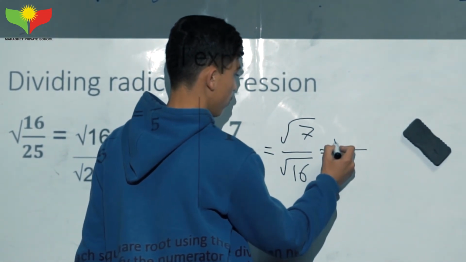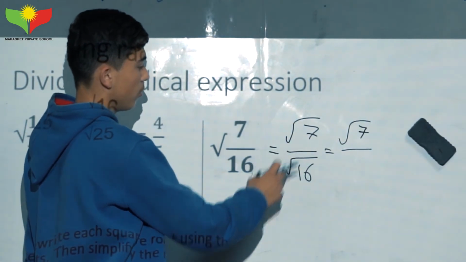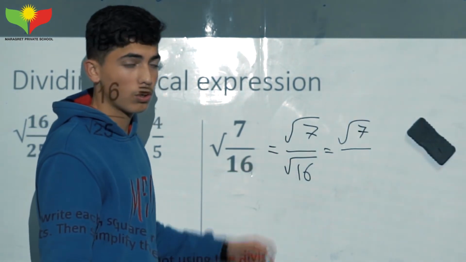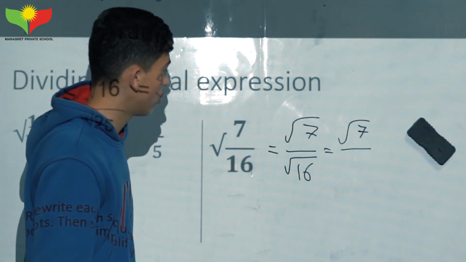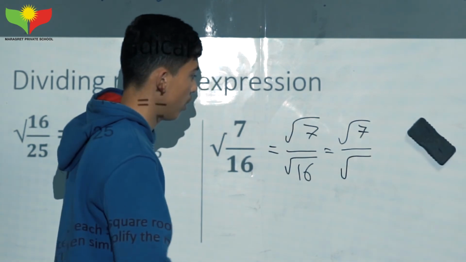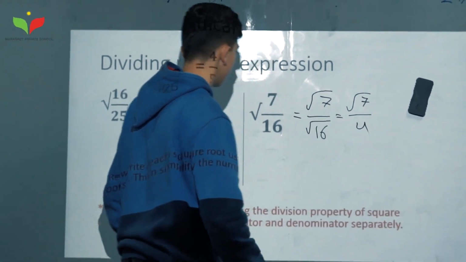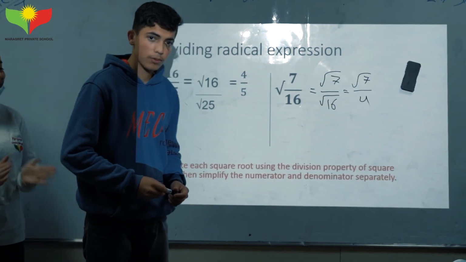You cannot simplify the square root of 7, and the square root of 16 you can simplify by 4. Yes, thank you.